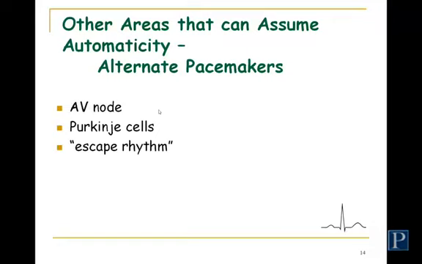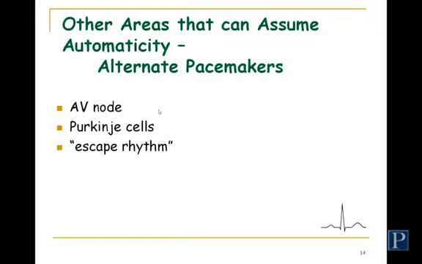The Purkinje cells could also assume the position of being a pacemaker if you've got a problem at the AV node. So the impulse can't get from the AV node down towards the Purkinje system. So the Purkinje cells will assume their automaticity and allow those ventricles to contract at a certain rate.